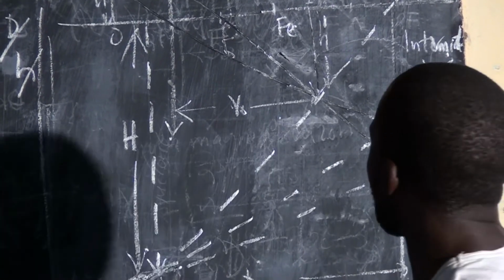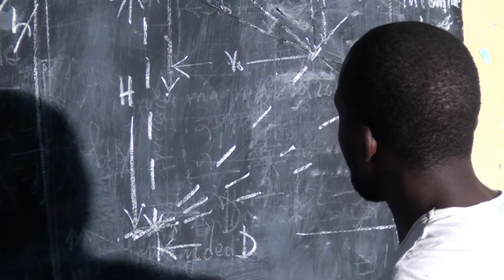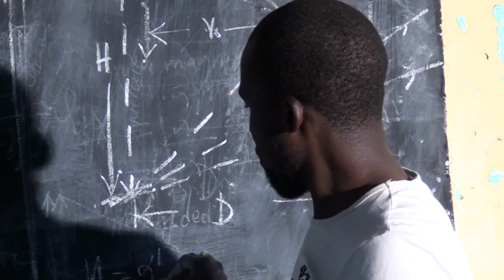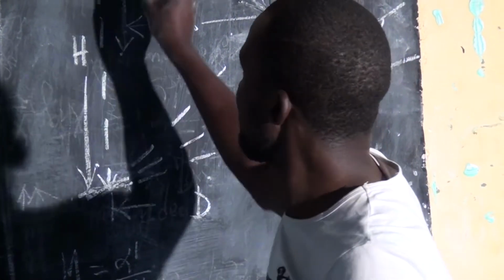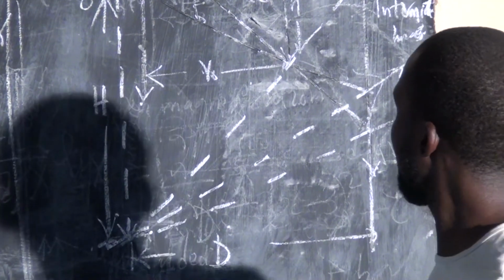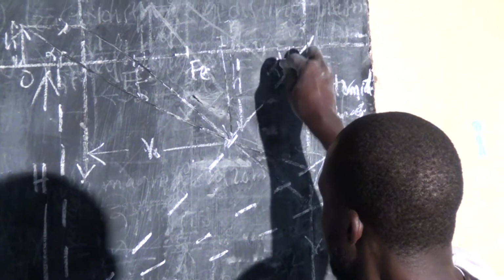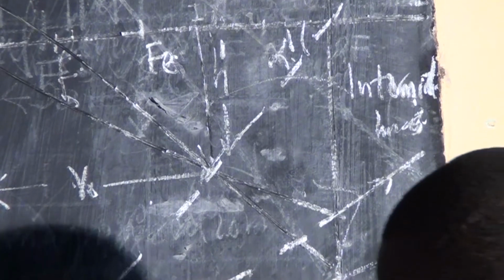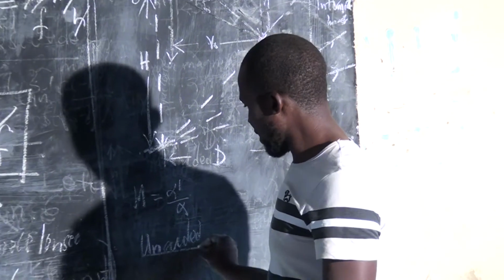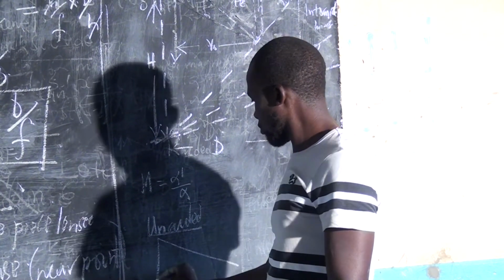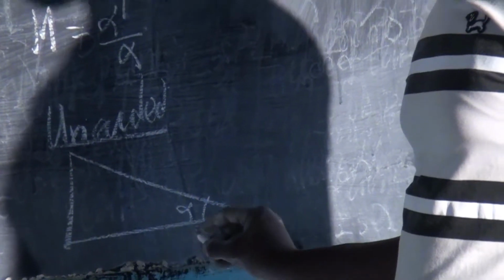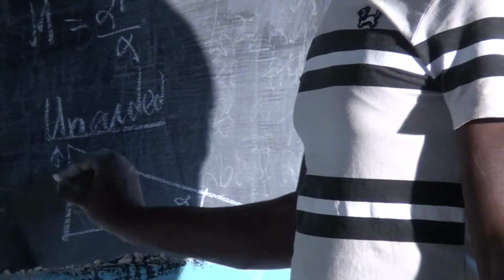Now they will be telling you to derive the angular magnification, because the angular magnification is alpha prime over alpha. Claim this one to be alpha, and then the other one there to be alpha prime. But like I told you, if I'm dealing with the unaided eye, you still just extract this being alpha, and the height here being h.